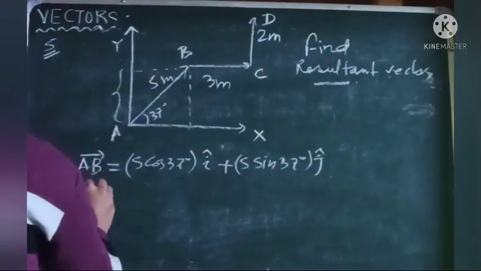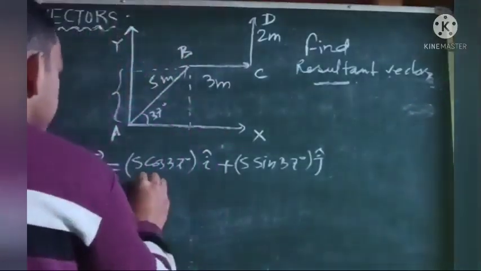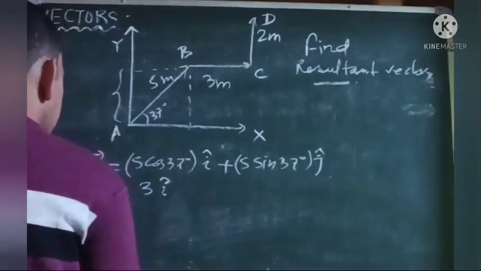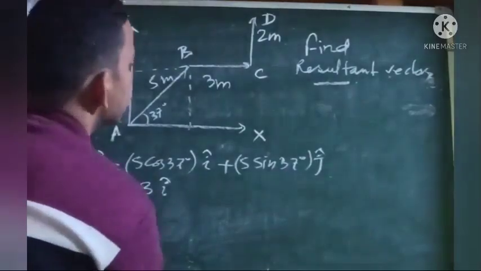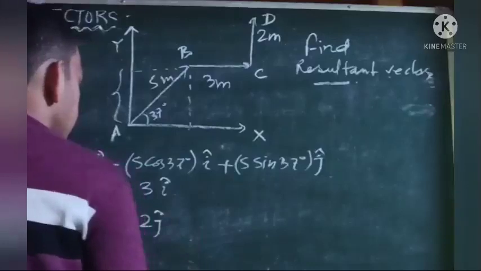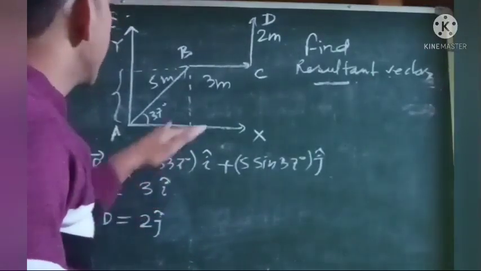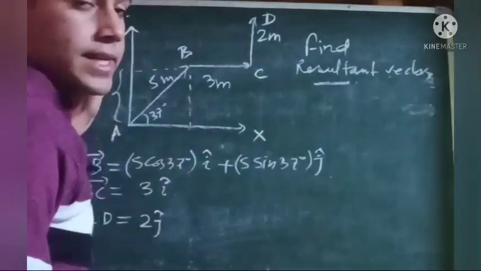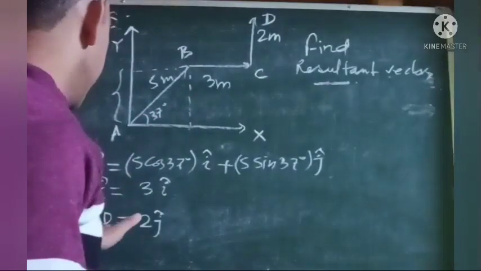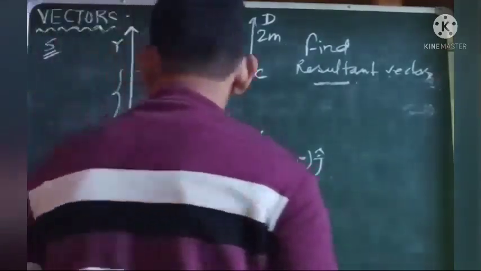Then we have BC vector as 3 I cap and CD vector as 2 times j cap, because BC vector has no component along y-axis and CD vector has no component along x-axis.